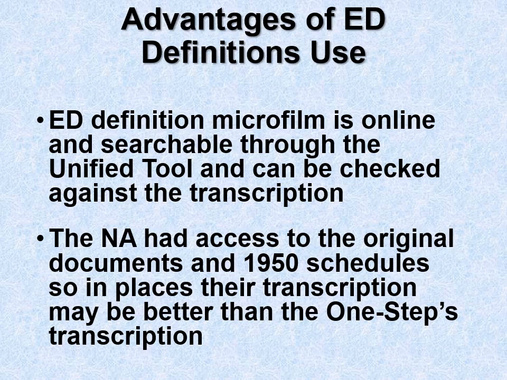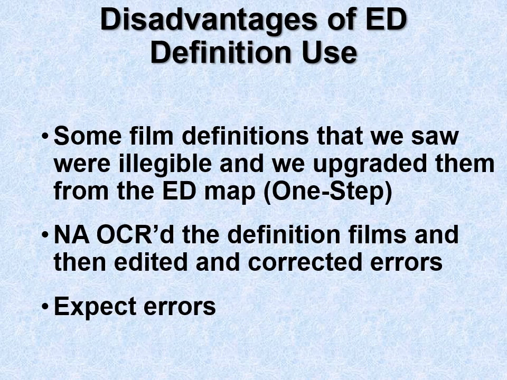And the NA had access to the original documents. Those, I think, are still in existence, and the 1950 schedules, so in places their transcription may be better than the One Step's transcription. But we did a lot of editing ourselves, correcting variations of names and looking at maps to confirm that the ED definitions were accurate.